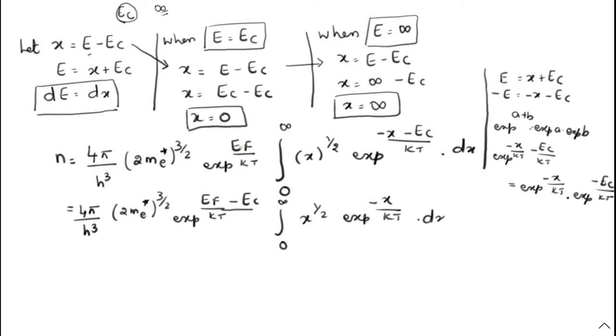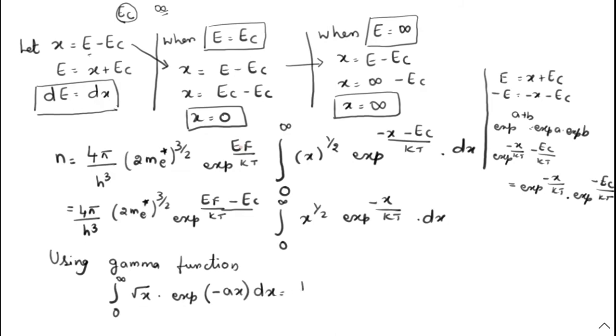Now you see inside the integration there is no energy term, only x is present. To solve this integration I am going to use the gamma function. The gamma function formula: integral 0 to infinite root x into exponential of minus ax into dx is equal to 1 by 2a into root of pi by a.